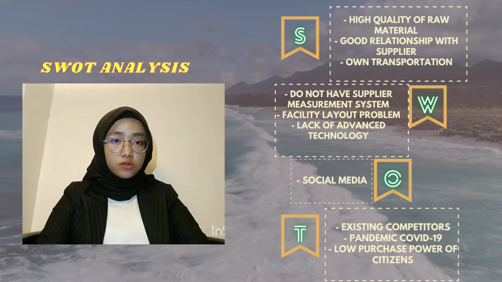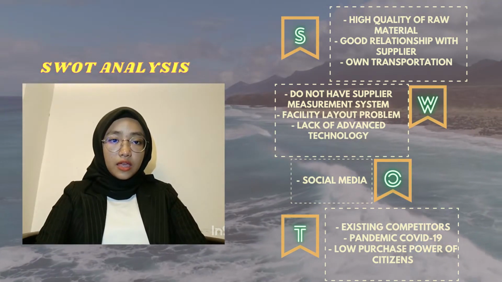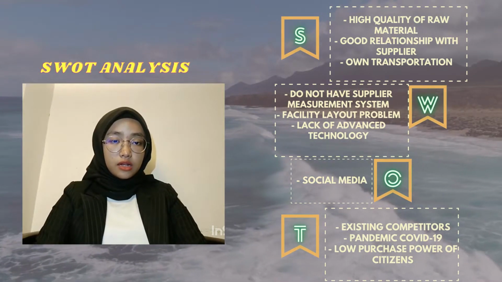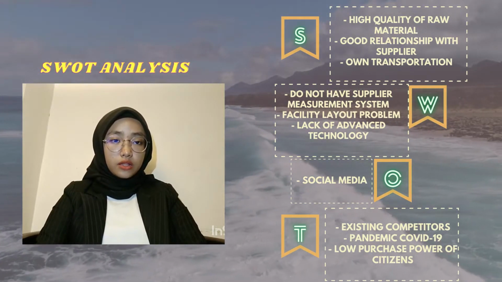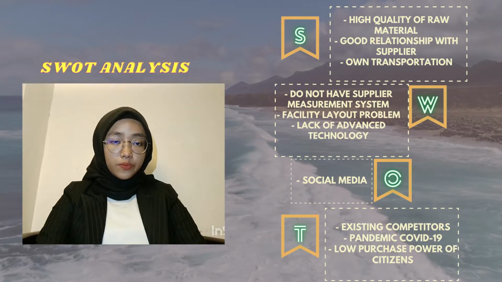They have their own transportation. Their weaknesses are that they do not have a supplier performance measurement system, a facility layout problem, and a lack of advanced technology. Opportunities: they have their own social media like Facebook. Their threats are existing competitors, the COVID-19 pandemic, and low purchasing power of citizens.